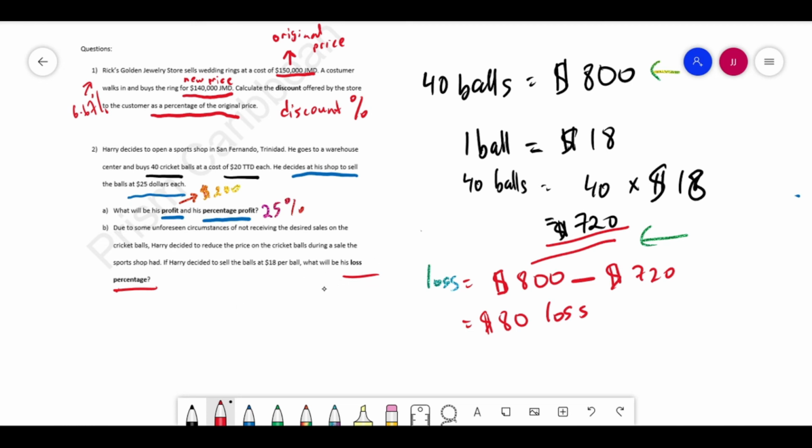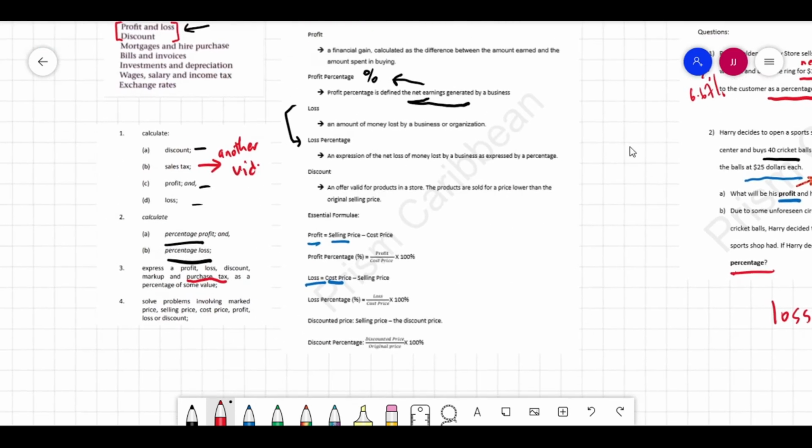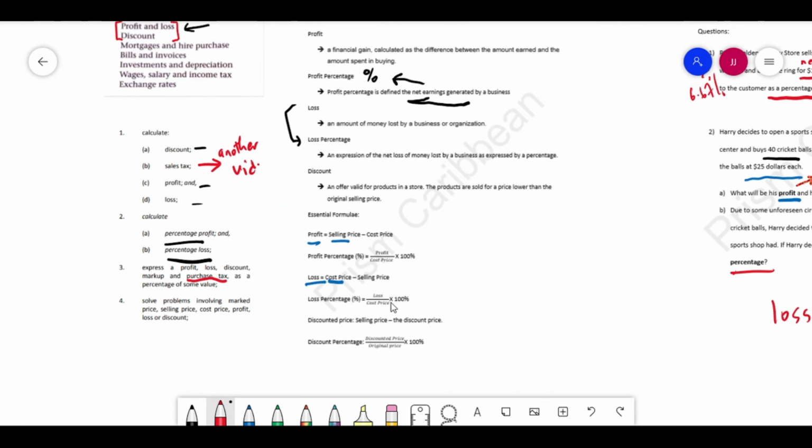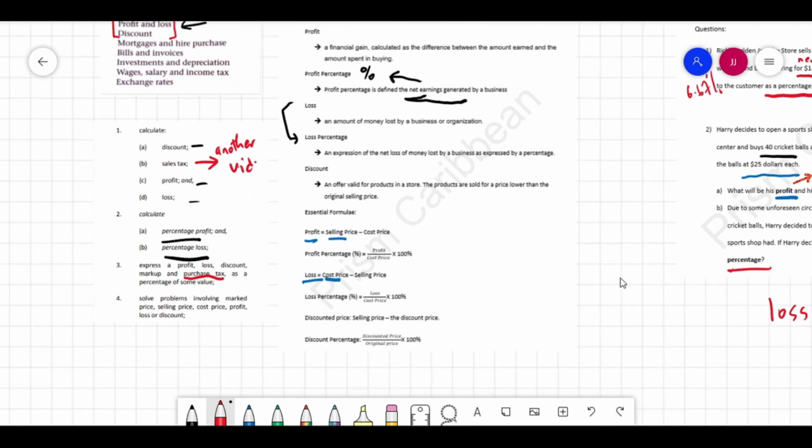The question asks for a loss percentage, right? So now we simply substitute what we have into the formula. Loss percentage is equal to loss over the cost price multiplied by 100%.